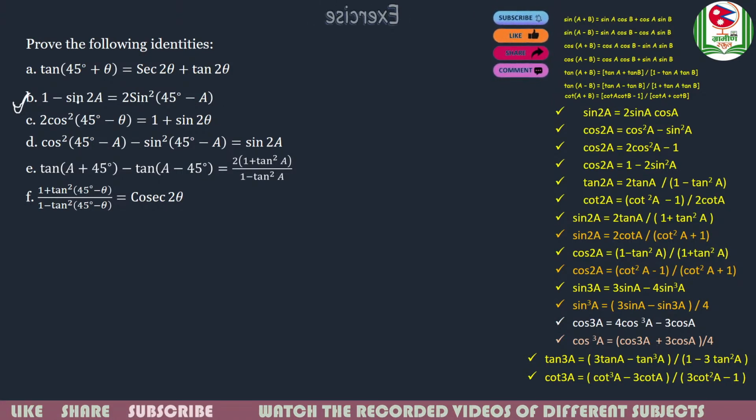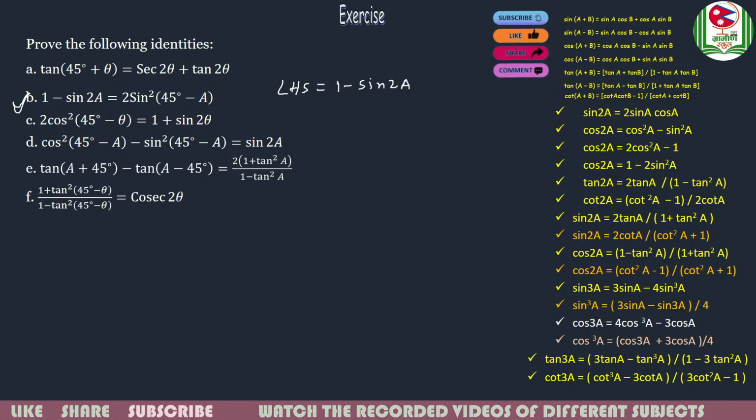So you must understand one thing: here 1 minus sin 2a. Using LHS or RHS you can prove it using any of them. So here LHS is 1 minus sin 2a. We have to prove this one, 2 sin square 45 degree minus a.